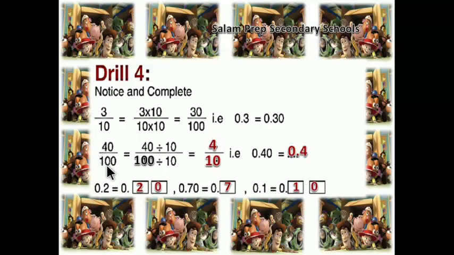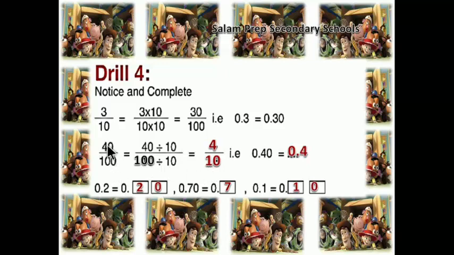40 over 100 equal, if we divide it by 10, 100 divided by 10, 40 divided by 10. 40 divided by 10, 0, remove with this 0. 4 divided by 1 equal 4. 100 divided by 10, remove this 0 with this 0. 10 divided by 1 equal 10.